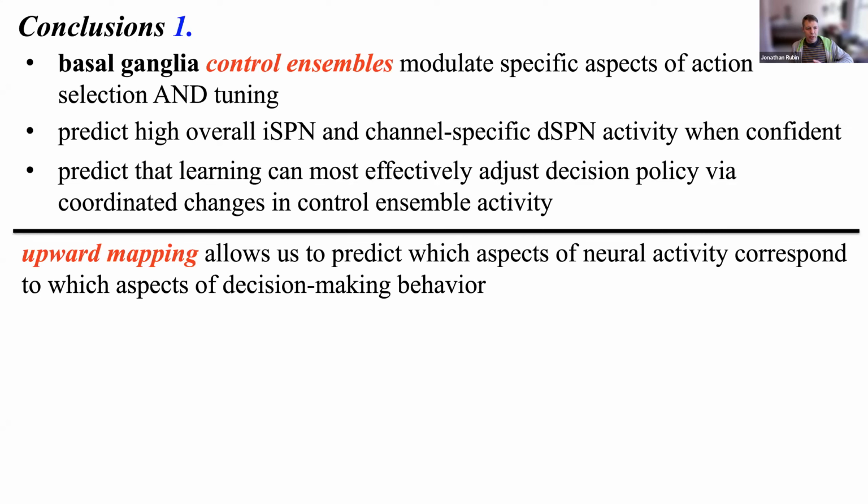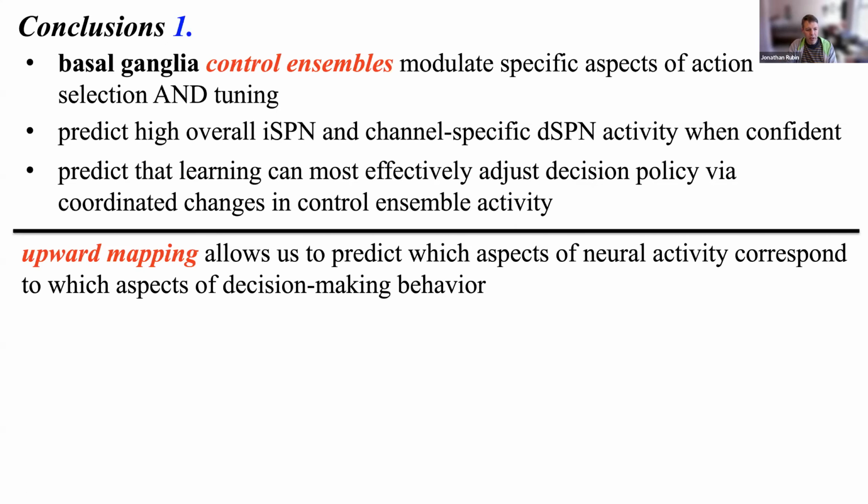Okay, and the other aspect of looking at this is, if you want to adjust your decision policy in a realistic way, not as a simulator, but using actual synaptic plasticity, then the most effective way to do that would be to do it in a way that somehow changes the whole ensemble of firing rates in the corresponding control ensemble.